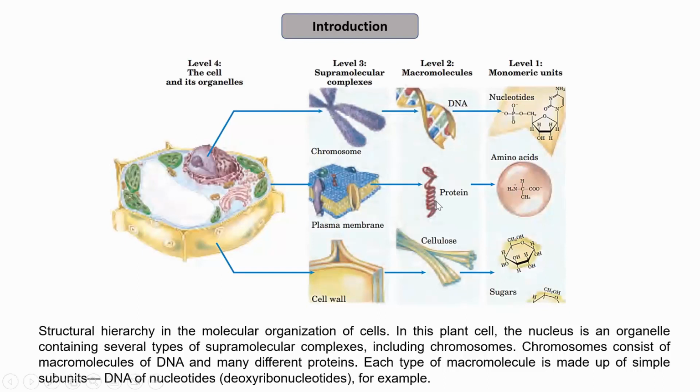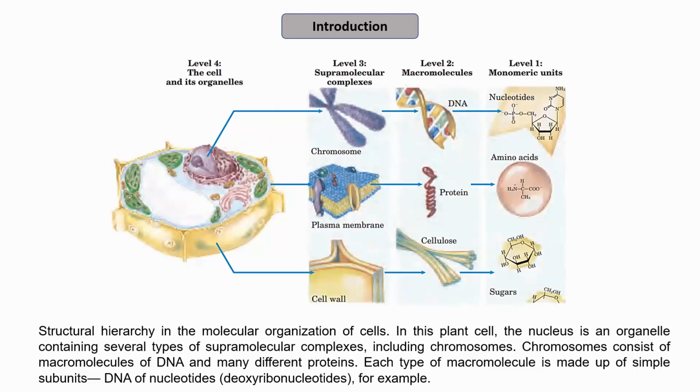These DNA, proteins, and cellulose are further composed of many monomeric units that occur at level 1. For example, DNA, a nucleic acid, is made up of smaller units known as nucleotides.